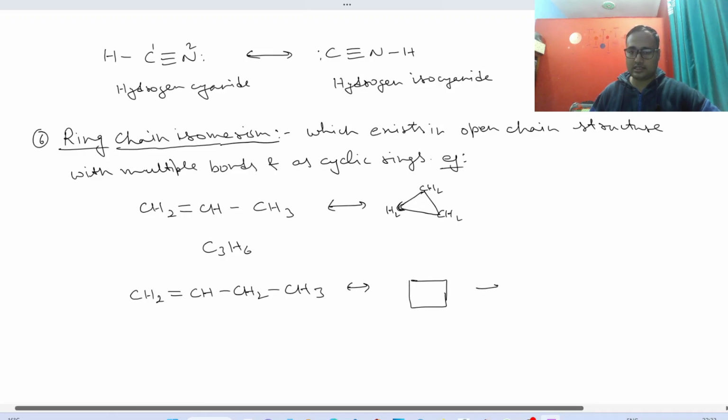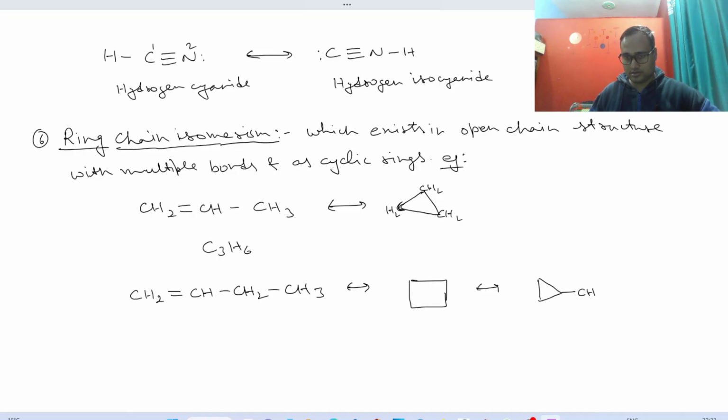And it can also be represented as CH3 with cyclopropyl, cyclopropyl methane. So these are the ring chain isomerism. In the open chain structure, the molecule will have a multiple bond, and in the cyclic form, that will be represented as an alkane.